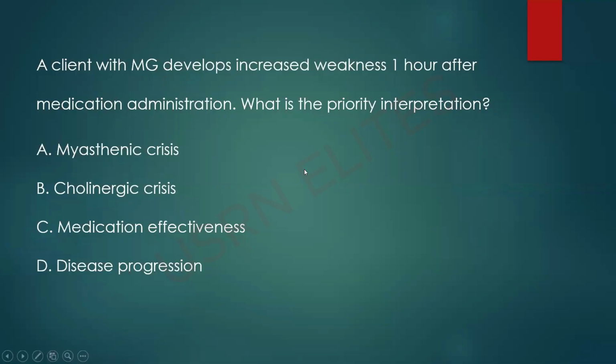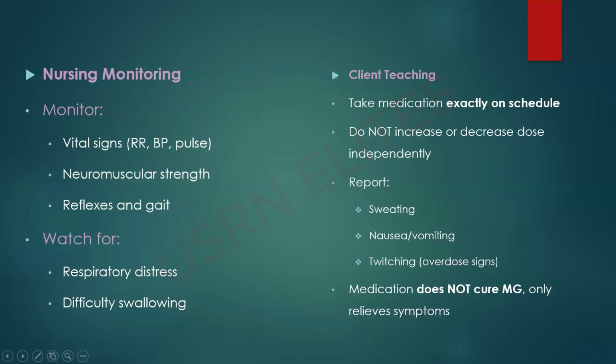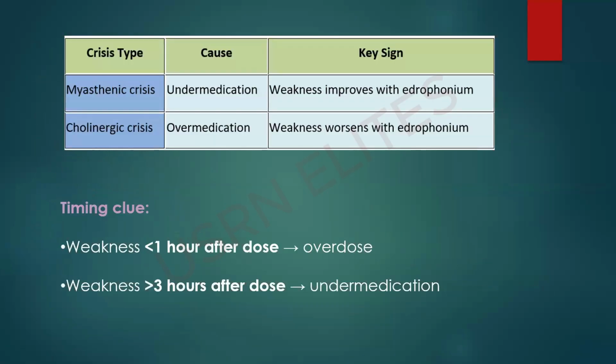I understand your question perfectly, but let me answer it with just one slide here. Kindly hold on. Can you see this? Yes, I can see it. So look at this one. When you give edrophonium, it increases what?